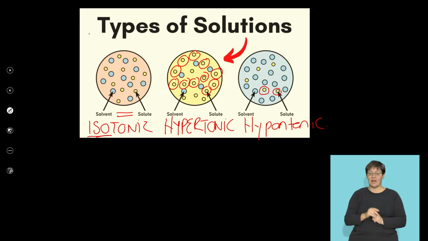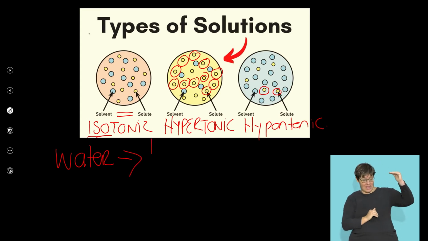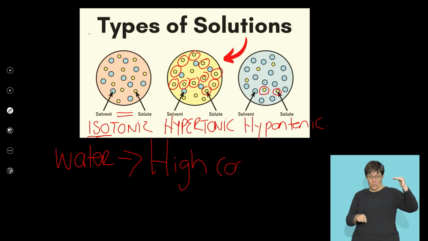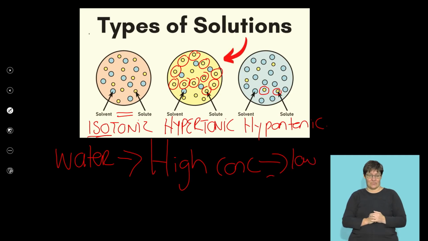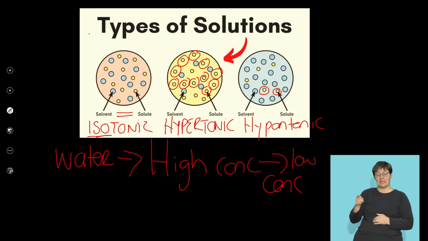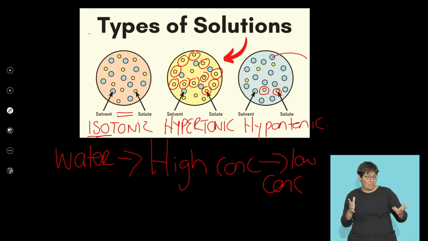But basically, guys, I want you to listen. Water will always move from where? High concentration to a low concentration. So if here, for example, the cell has got a lot of water, where will the water move?